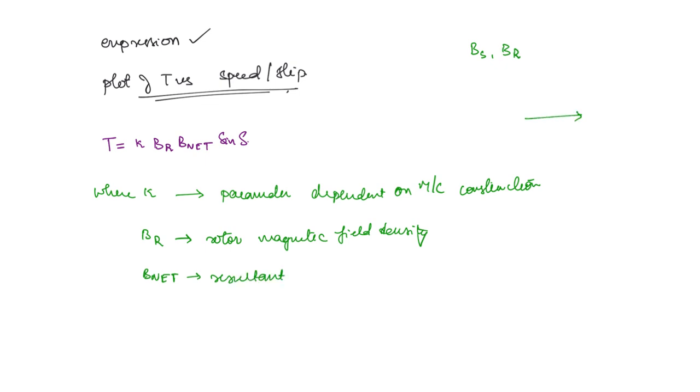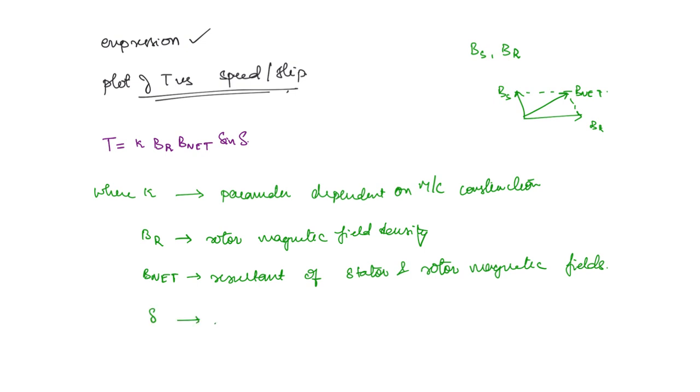That means if BR is like this and BS is like this, then B net is going to be the resultant of stator and rotor magnetic fields. And finally, what is delta? It is the angle between B net and the rotor magnetic field.